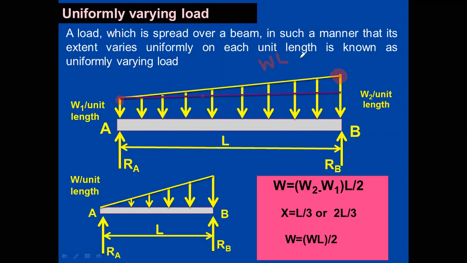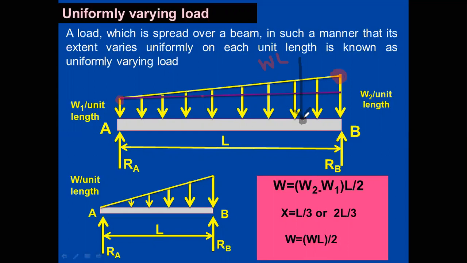Where this concentrated load is acting is the next question. Whenever we convert any type of load, either uniformly distributed or uniformly varying, into a point load, it acts at a single point. In UDL it acts exactly at the middle, L by 2.